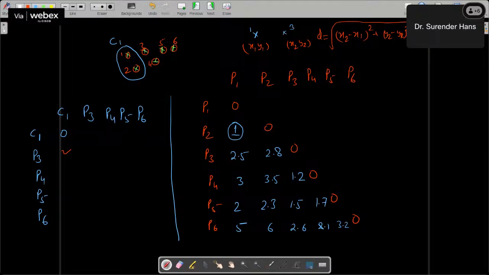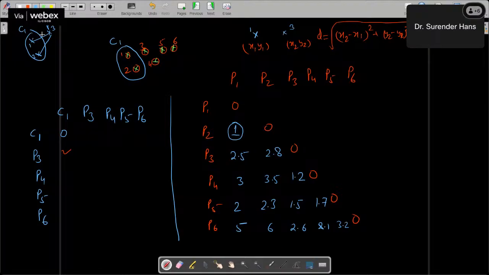In this case, this is C1 and this is a single data point, P3. You have to find the distance between 1 and 3 and between 2 and 3. Whichever has the minimum distance will be your final distance between C1 and P3.